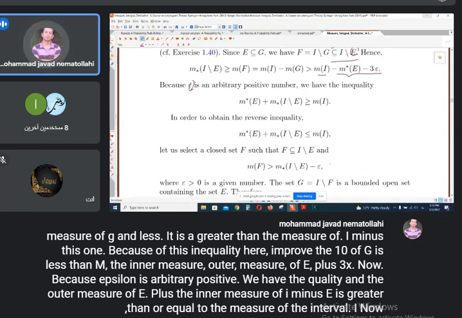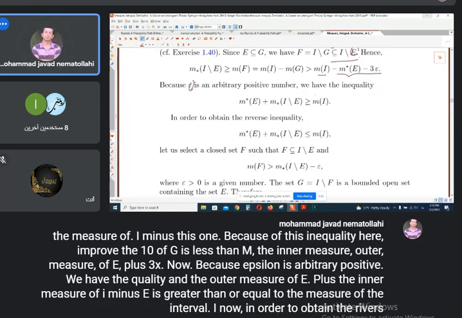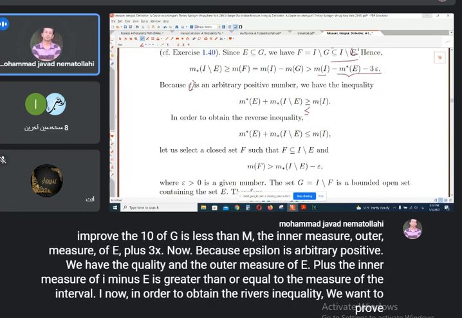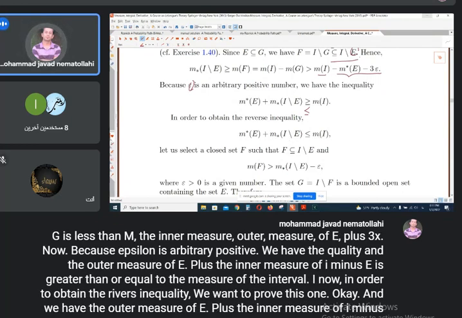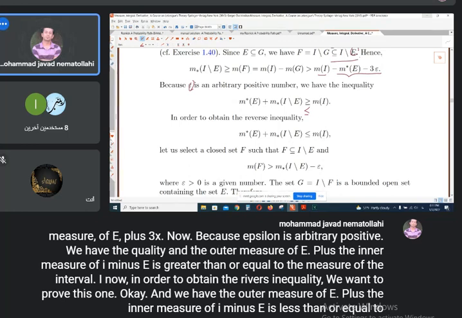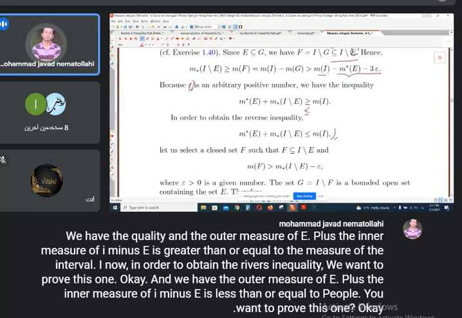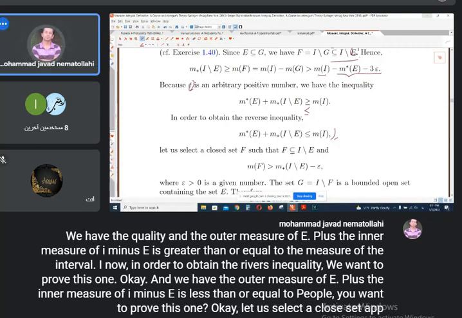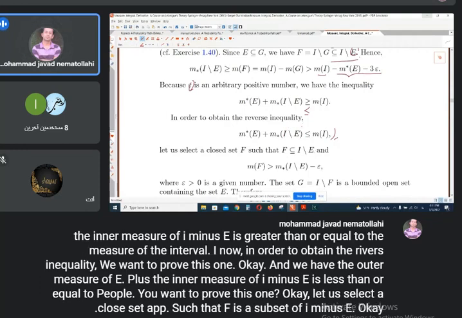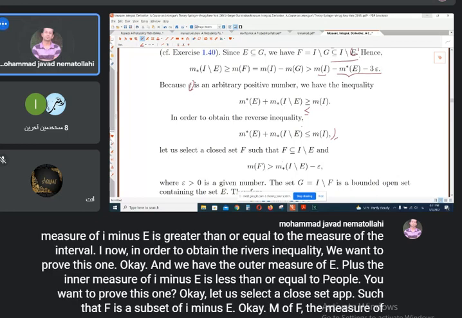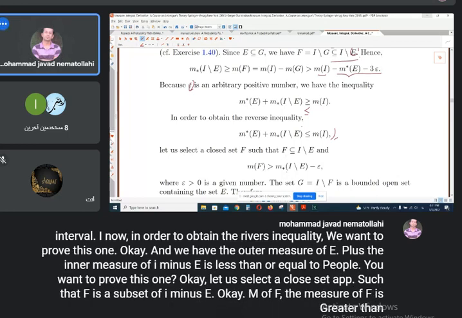Now, in order to obtain the reverse inequality, we want to prove this one: the outer measure of E plus the inner measure of I minus E is less than or equal to the measure of I. Let us select a closed set F such that F is a subset of I minus E, and the measure of F is greater than the inner measure of I minus E minus epsilon.